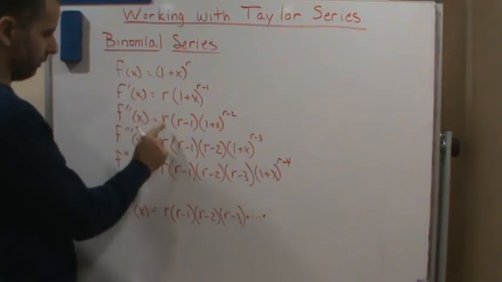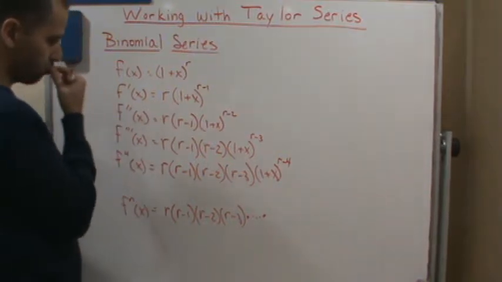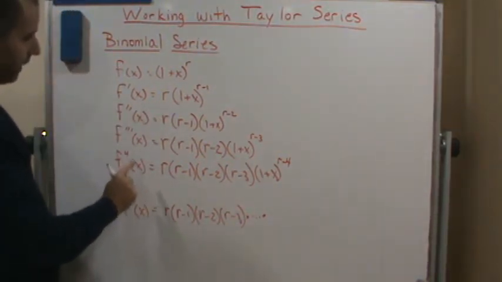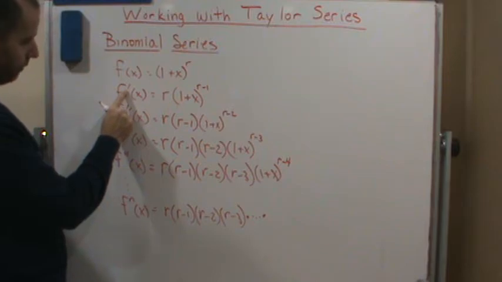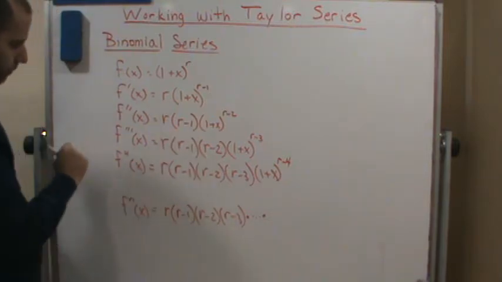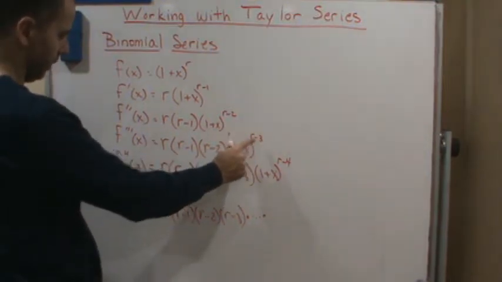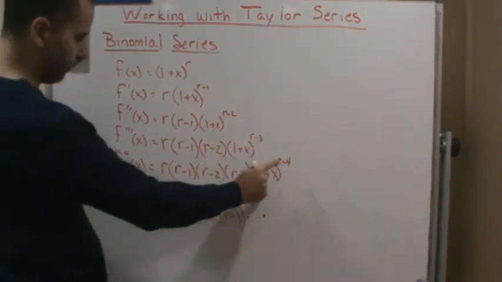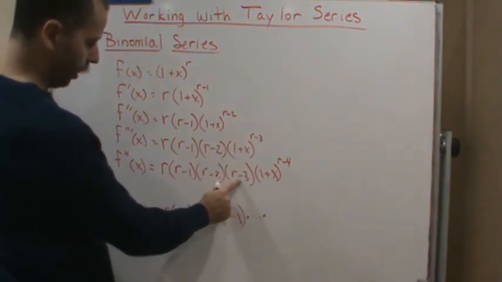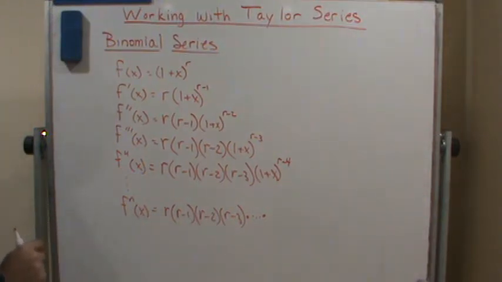For the second derivative, it's r times r minus 1. For the third derivative, it's r times r minus 1 times r minus 2, so the last factor is always 1 less than the order.